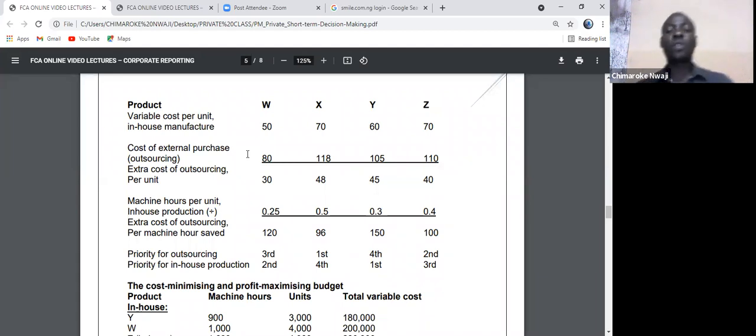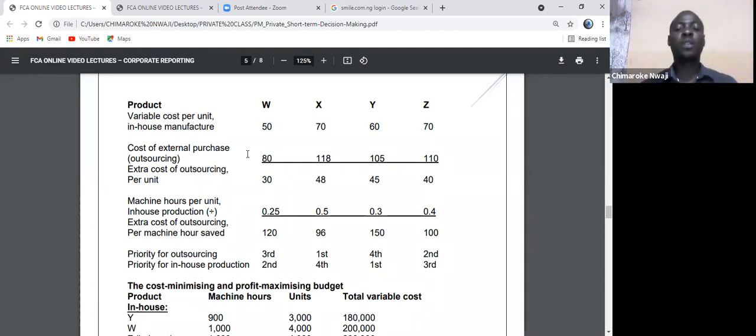So which one of them is the one you will spend the least for 1 hour? It is X. So X is the one you spend the least, and so that's the one you will quickly give out, followed by Z, then followed by W, then by Y.